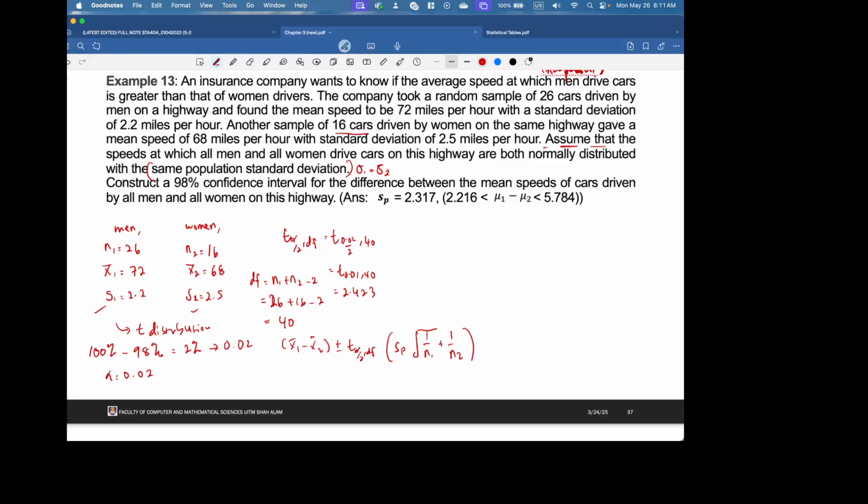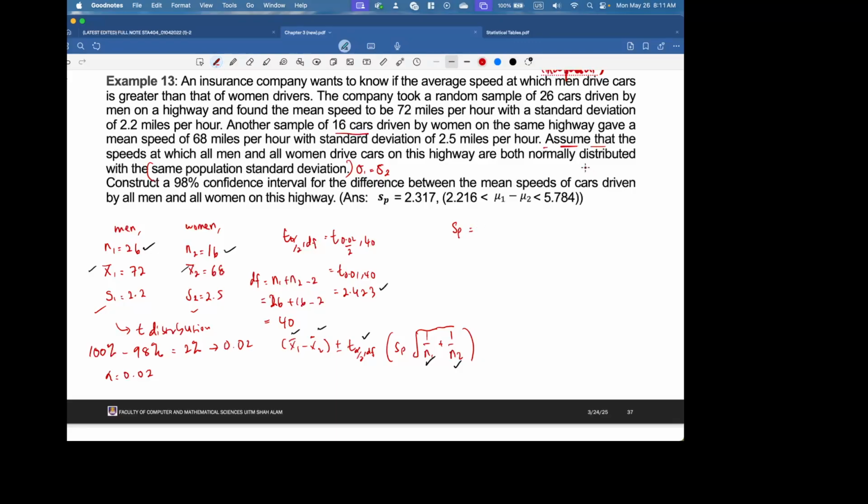Now the information: x bar 1 and x bar 2 we already have, t alpha over 2 df you have, n1 and n2 you have. What you are missing is your Sp, so you need to calculate it.